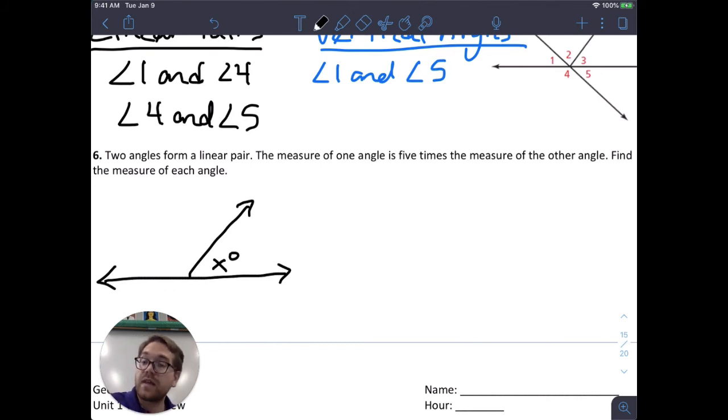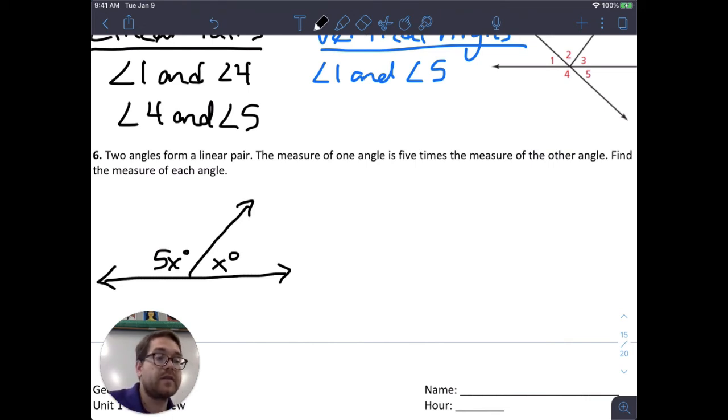Whatever that angle is, the other one is 5 times that amount. So one angle has a measure of x degrees, the other has a measure of 5 times x degrees, and we want to find the measure of each of those angles.